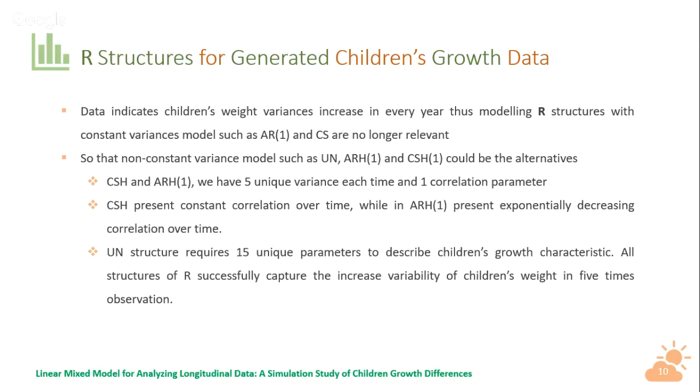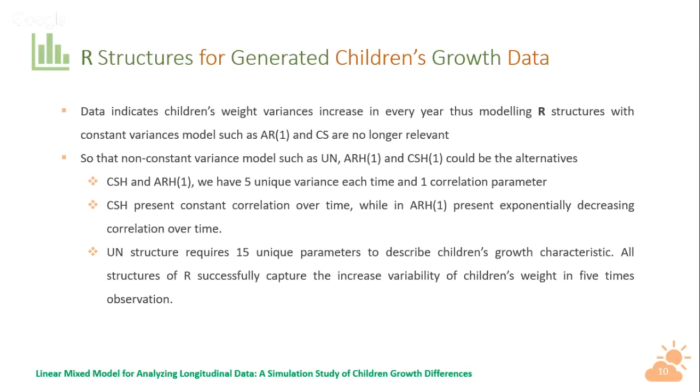So non-constant variance models such as unstructured, ARH1, and heterogeneous compound symmetry could be the alternative. Heterogeneous compound symmetry and heterogeneous first order autoregressive will have 5 unique variances, one for each time, and 1 correlation parameter.